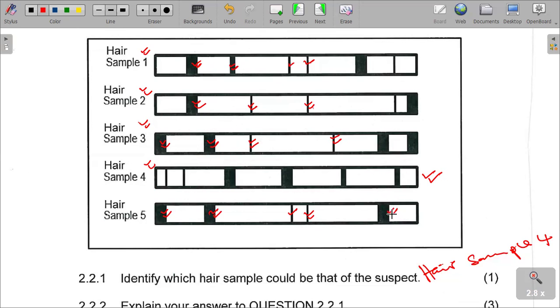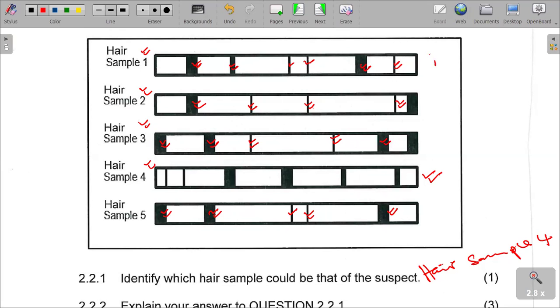In sample A4, this bar can match to this bar, which can also match to this bar. And then finally, we have a last bar matching to this bar.